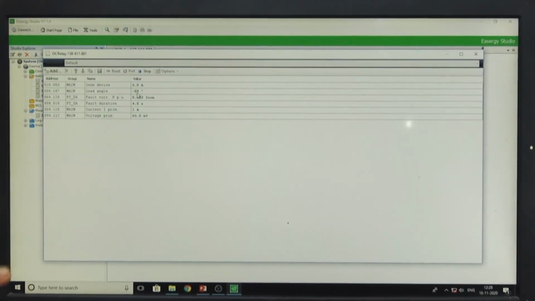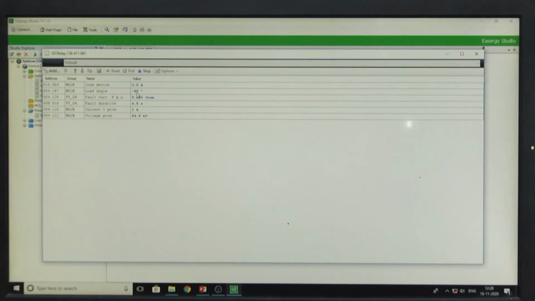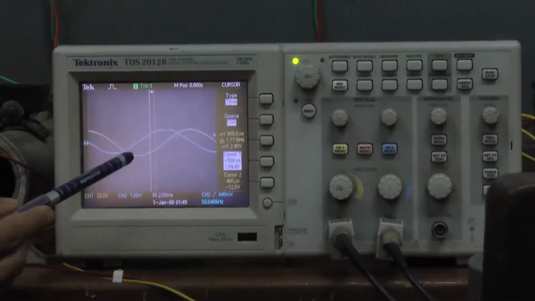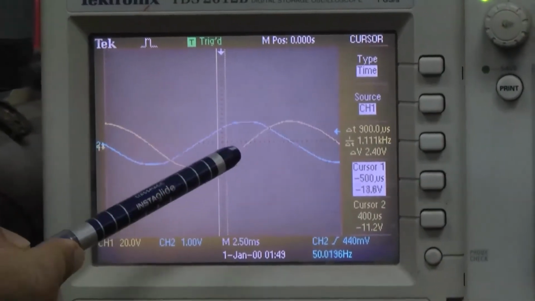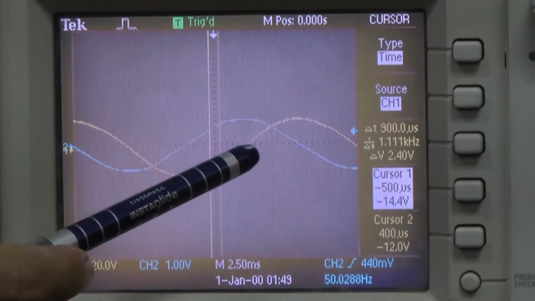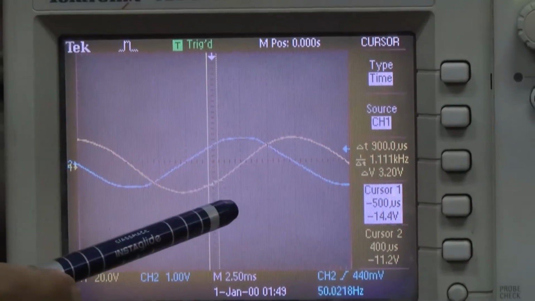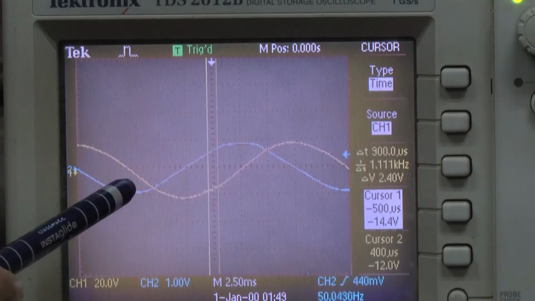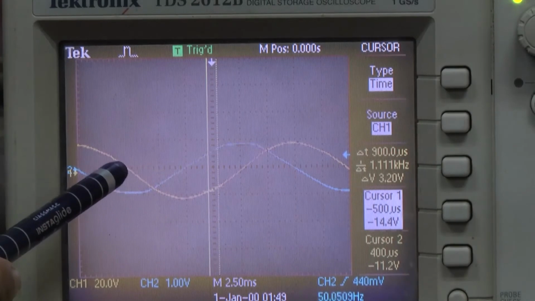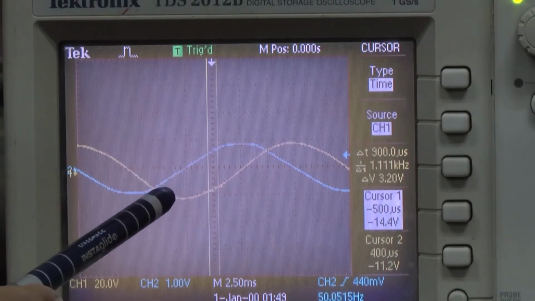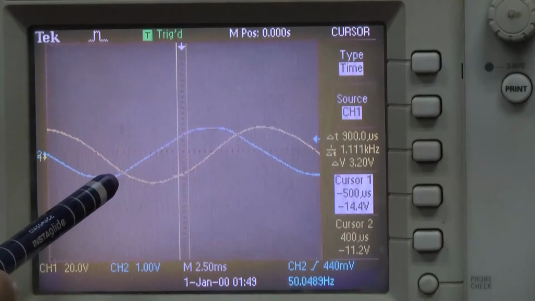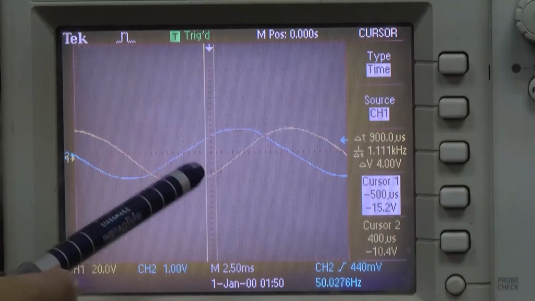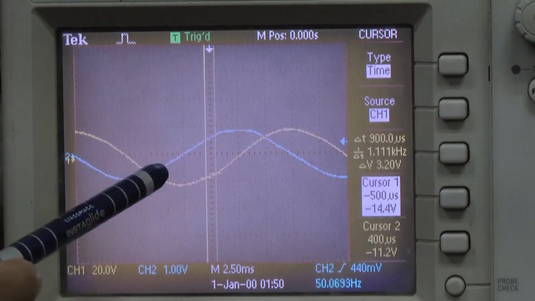Now, to verify the angle, because our importance is on the angle perspective, if you see the corresponding oscilloscope, you see here two curves: the blue curve is current and the yellow curve is voltage. If you see the number of divisions per cycle, one cycle of this blue curve, 1, 2, 3, 4, that 4 gives us the 360 degrees.